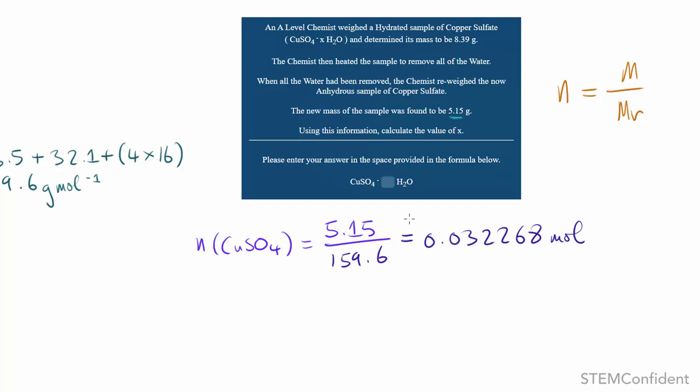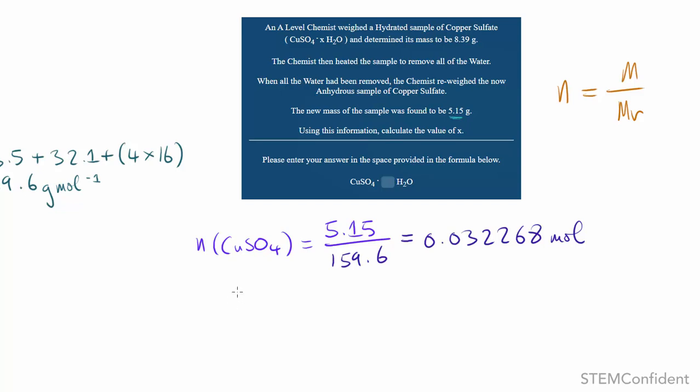Well, we're going to need the mass of the H2O first, right? But to get the mass, we've got values of the hydrated copper sulfate and the anhydrous copper sulfate. Well, we can use arithmetic to work out the H2O mass. Because this is the mass without the H2O, and this is the mass with. So simply you can just do the mass with minus the mass without, and then what's left is the H2O, right?